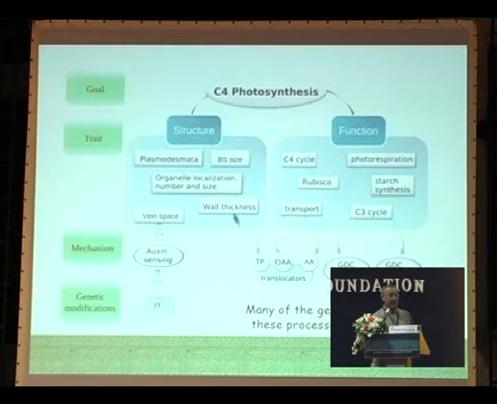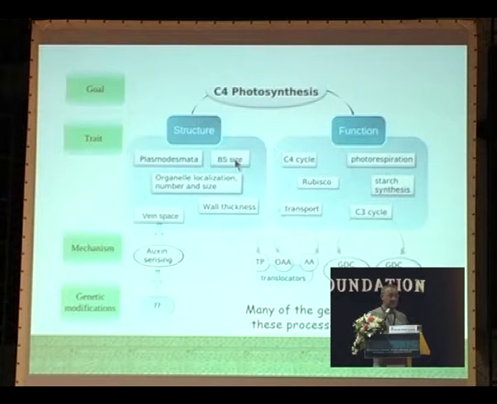But then there are a load of other structural things that have to go alongside this. For example, to get really good diffusive communication between the mesophyll and bundle sheath, you have to have lots of plasmodesmata. And the way that you regulate plasmodesmata at the moment is largely unknown.